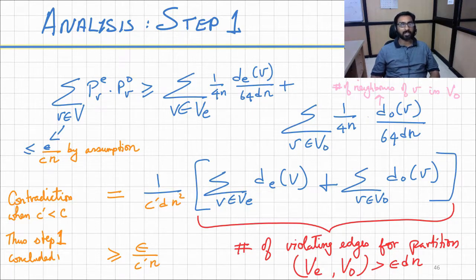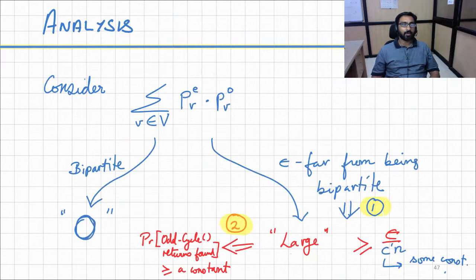So with this contradiction, the first step in our analysis is over, and we need to move on to the second step. So just to remind ourselves, the conclusion in the first step is that if the graph is epsilon far from being bipartite, then this summation will be large, will be more than some epsilon c prime n.